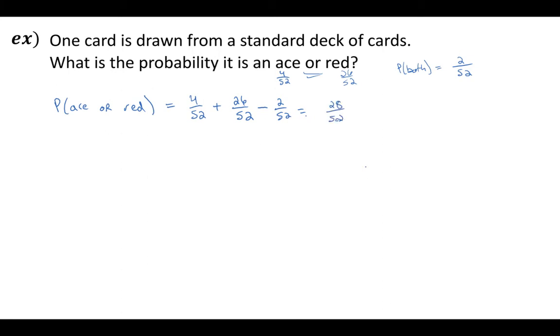Do the math there. Remember when you add and subtract fractions, you just add and subtract the numerators. So that would be 4 plus 26 is 30, minus 2 is 28. You keep the denominator the same. And that can reduce to 4 goes in both 7 and 13.